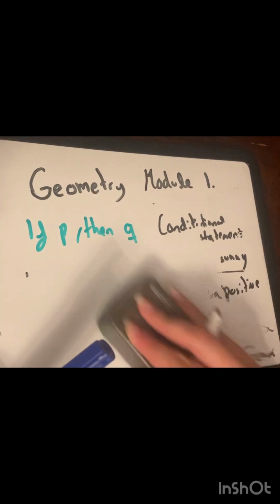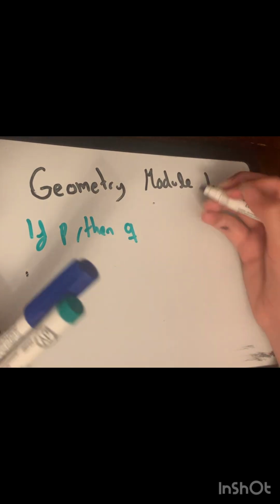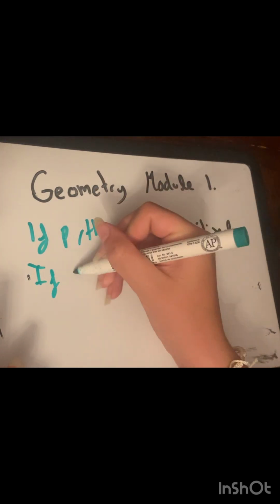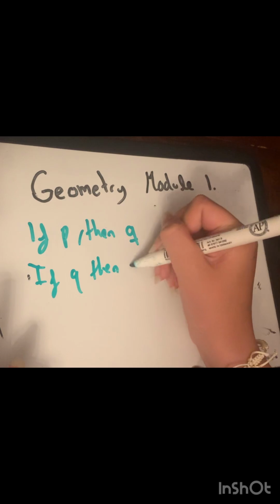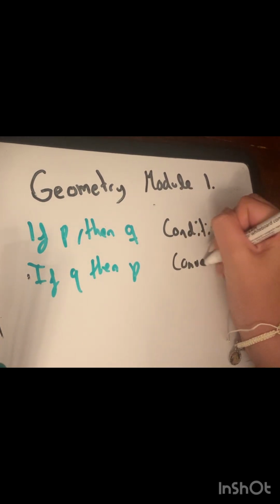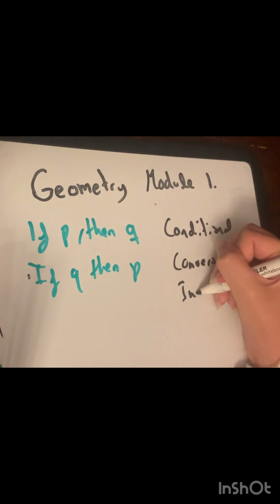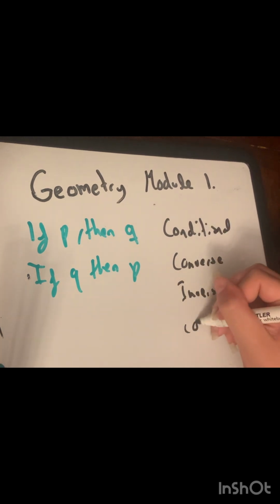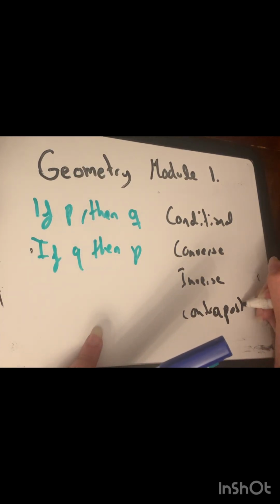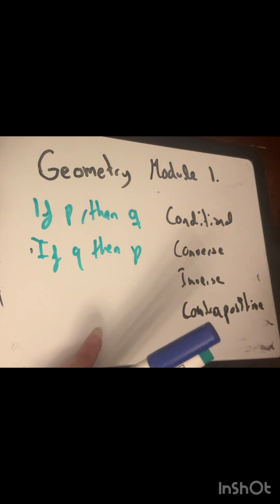Now I'm going to put all of them so you guys see what I mean. Okay. Conditional. They all have statement at the end, but I'm not going to add it because it's just longer. If Q, then P would be converse. Inverse, let's say, and contrapositive. Okay.